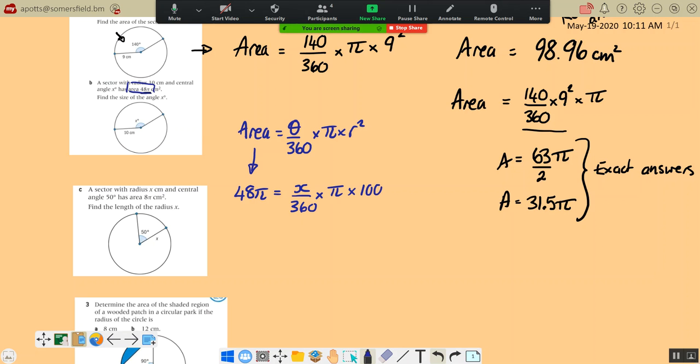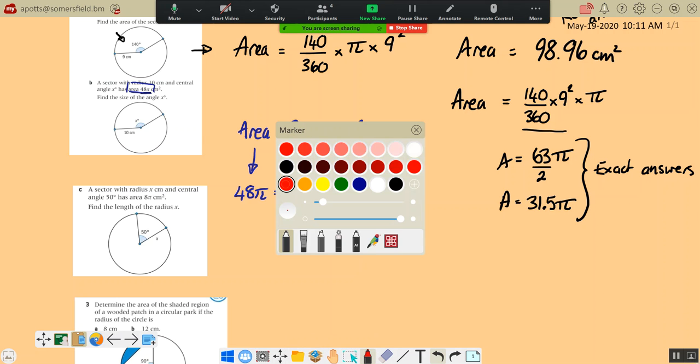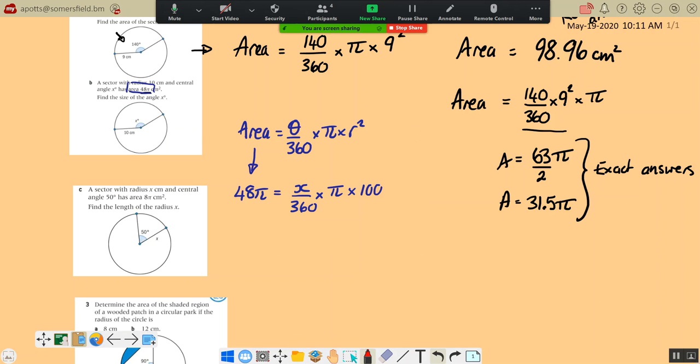Now this will make it clear, hopefully, why we would sometimes want to leave the area in terms of pi, especially if we've got to calculate something else. Can you see what we would do now to isolate the x? Would you multiply on either side?